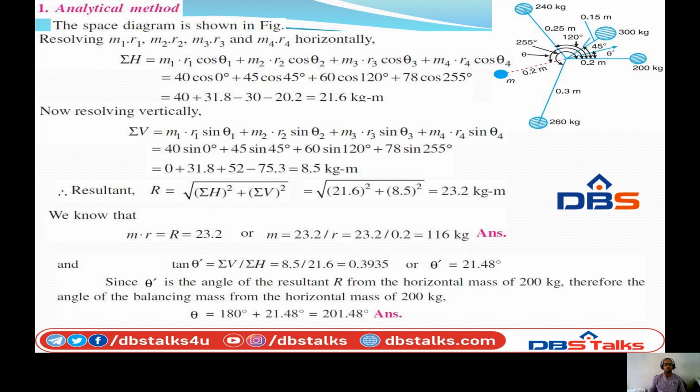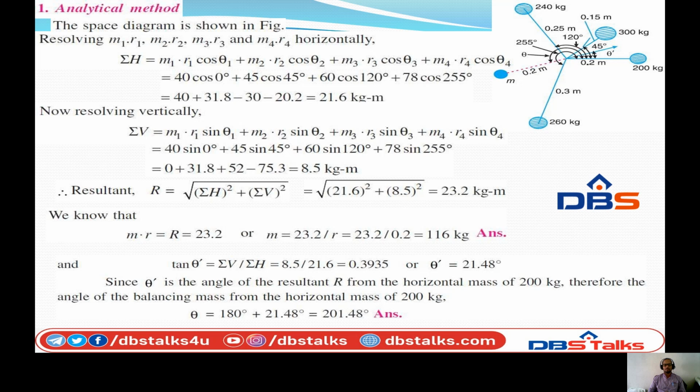We know this is the resultant centrifugal force, that is the multiplication of the mass into the radius. This is called the resultant. Resultant means the balanced mass. The centrifugal force of the balanced mass is 23.2 kg meter.